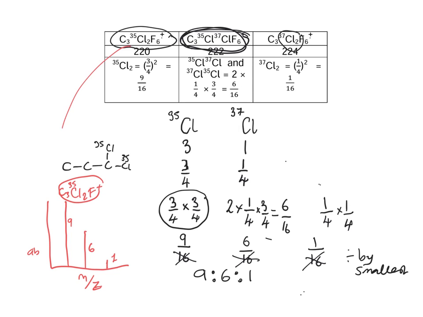So that's that isotope there. So the mass to charge ratio is 220. The mass to charge ratio of this isotope, and this is the mass to charge ratio of this isotope.